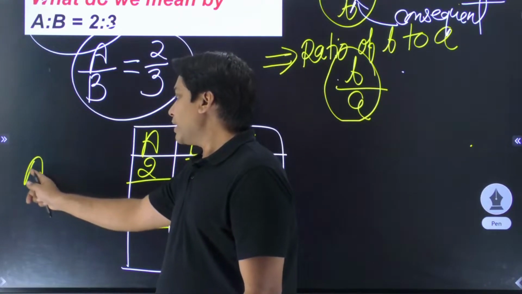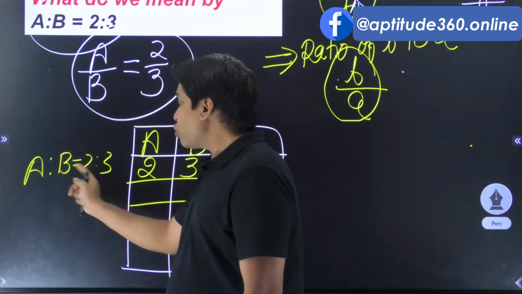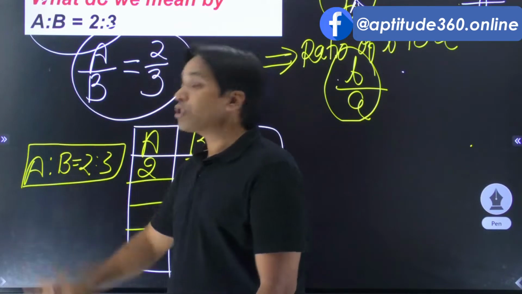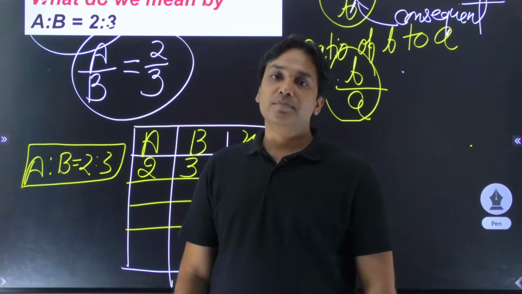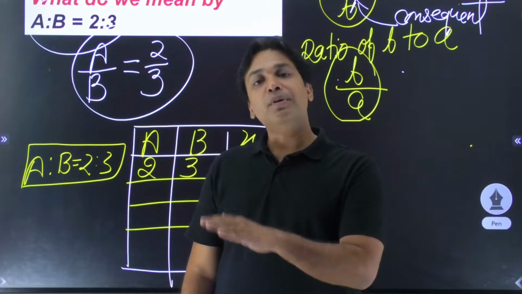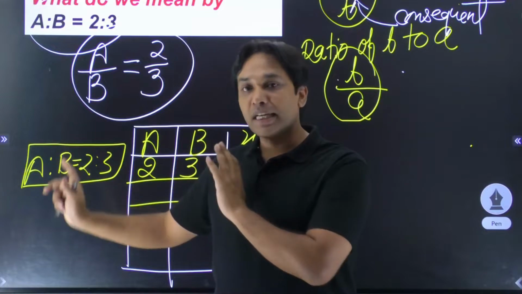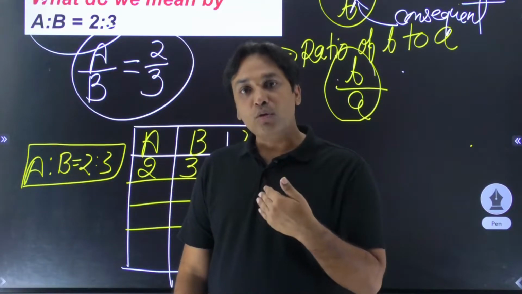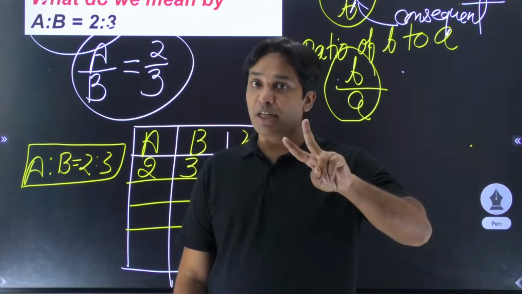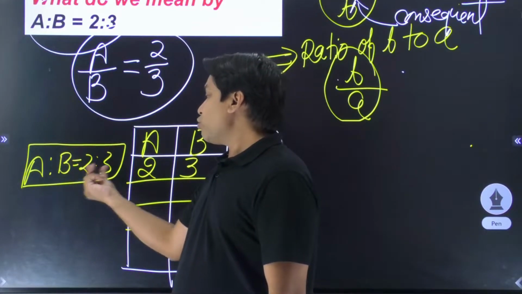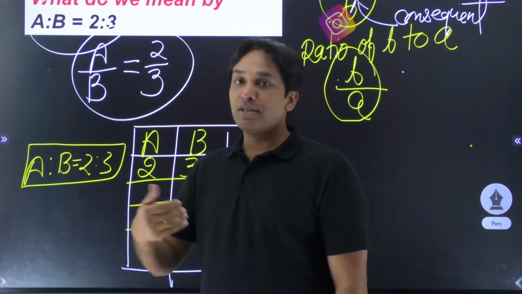When somewhere it is given to you as A is to B as 2 is to 3, this does not mean that A is going to be 2 and B is going to be 3. Majority of the people make mistakes over here. They make a mistake by saying this, but what I am saying is, when A is 2 B is 3, understand there is a difference between these two statements. Statement number 1, A is 2 B is 3. Statement number 2, when A is 2 B is 3.